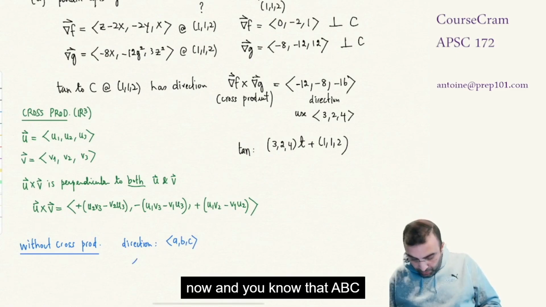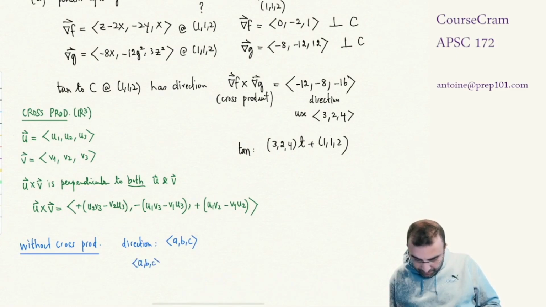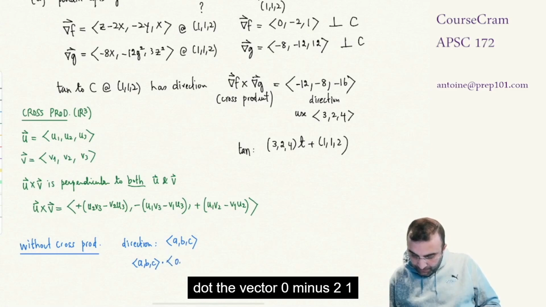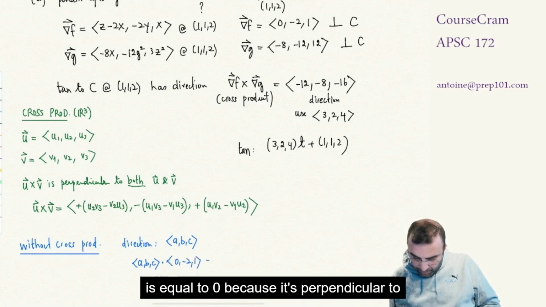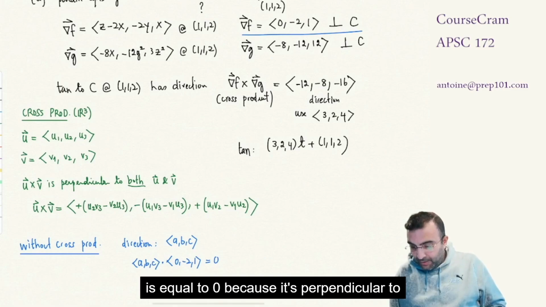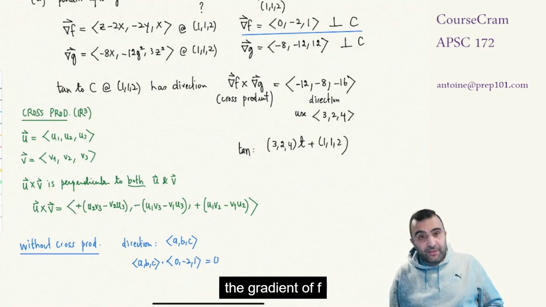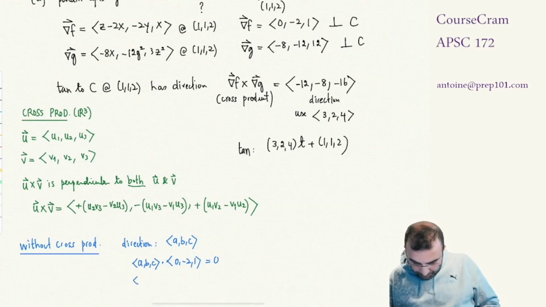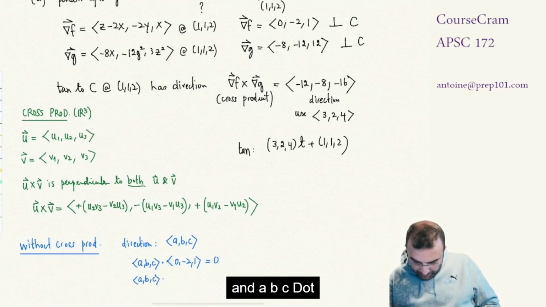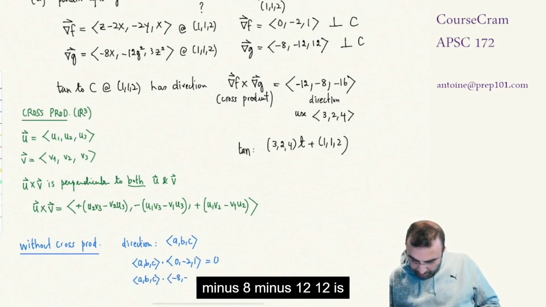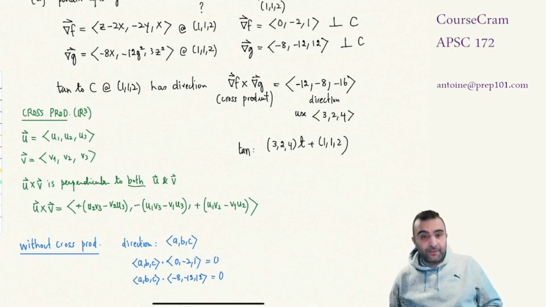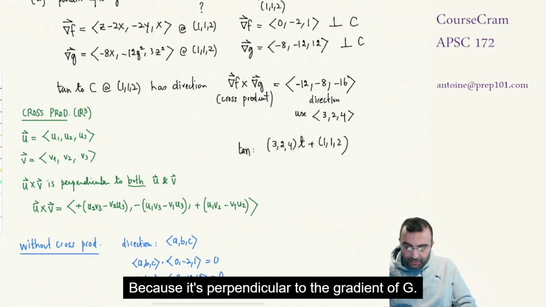Now you know that ABC dot the vector 0, minus 2, 1 is equal to 0, because it's perpendicular to the gradient of f. And ABC dot minus 8, minus 12, 12 is also equal to 0, because it's perpendicular to the gradient of g.